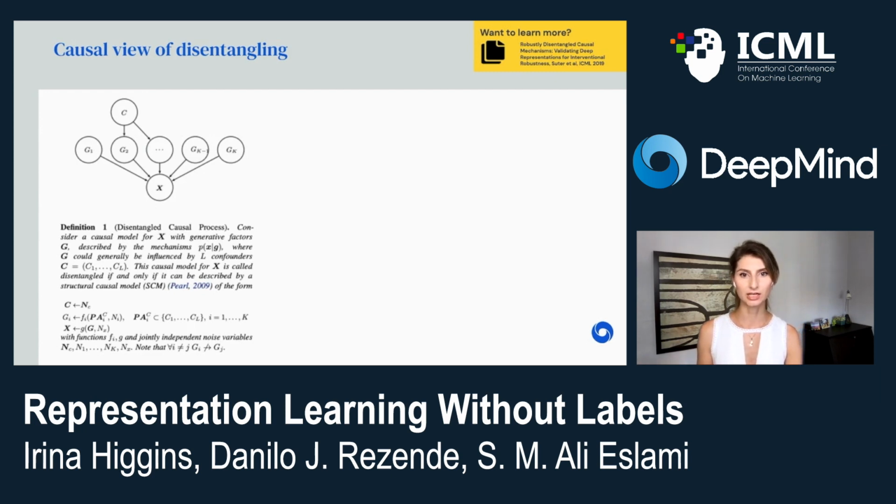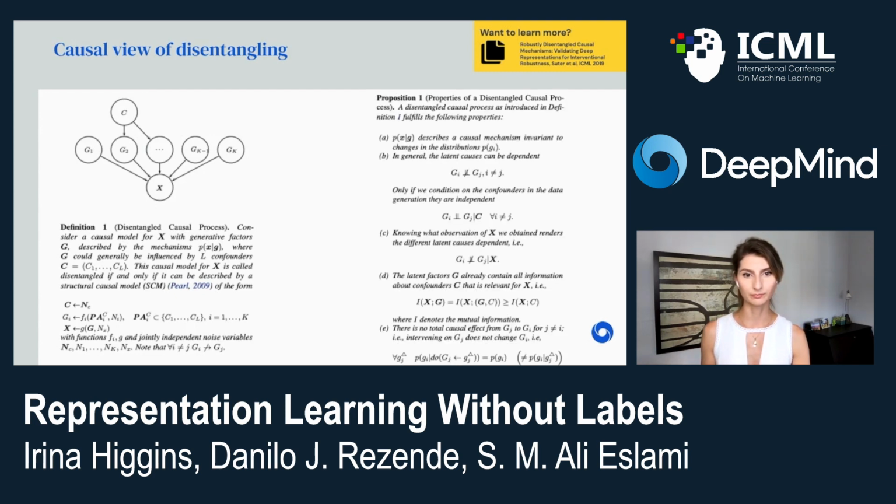These considerations naturally lead to a causal definition of disentangling. We assume a causal model for observations X with the generative factors G, where the generative factors can be influenced by confounders C. If the resulting model can be described as an SCM of the form shown, where G's are a deterministic function of the parent confounders and independent sources of noise, and X's are a deterministic function of parent generative factors and independent sources of noise, then we have a disentangled causal model.